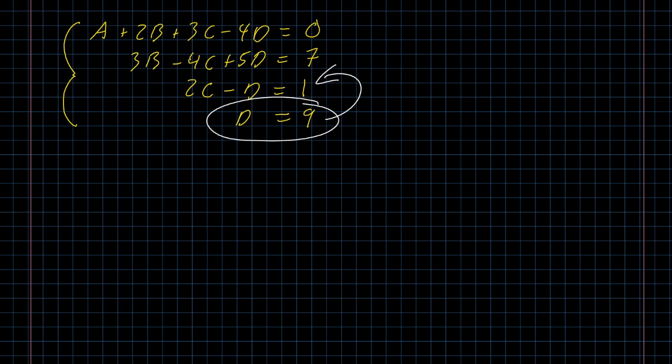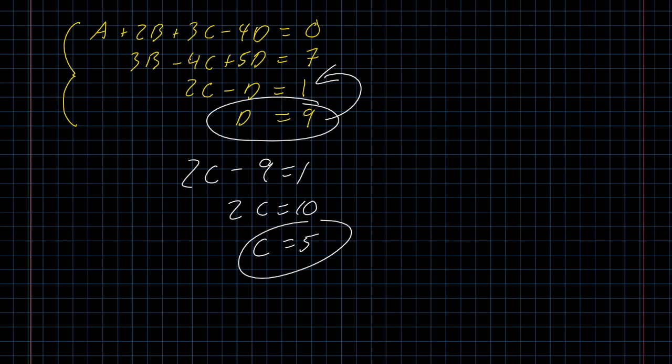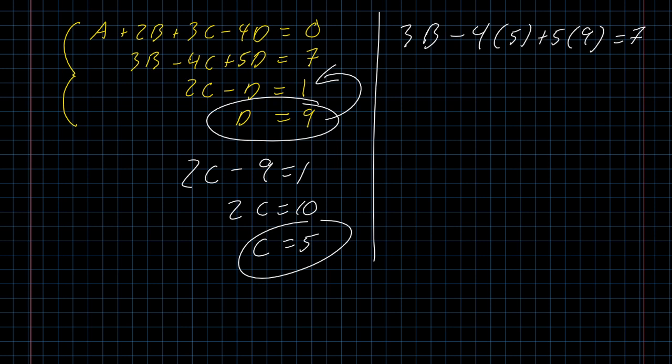Because I can take that result of d equals 9 and plug it into the earlier equation. 2c minus 9 equals 1, which means that 2c is equal to 10, and c itself is equal to 5. If I go back one equation earlier, 3b minus 4 times c, which is 5, plus 5 times d, which is 9, equals 7.